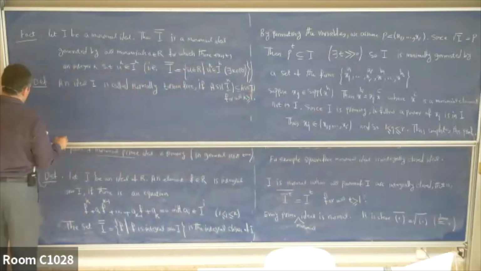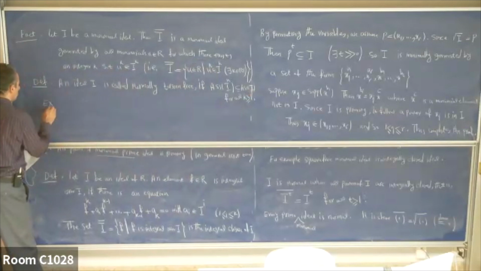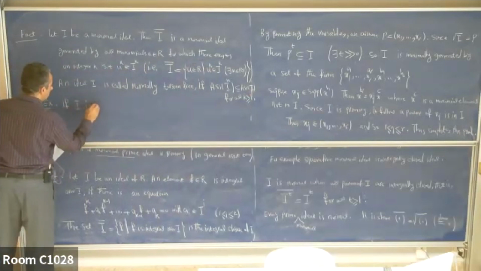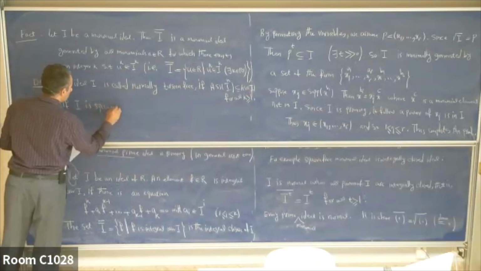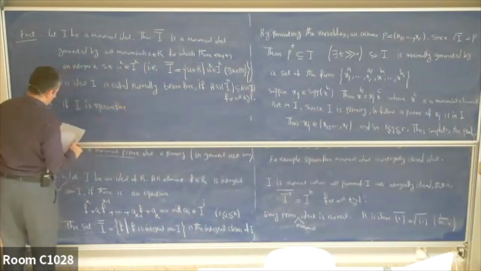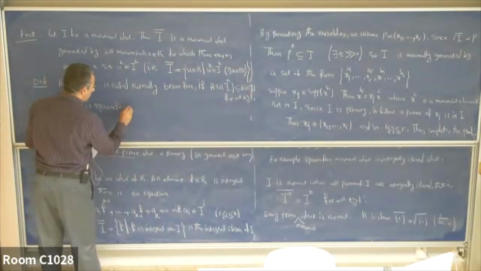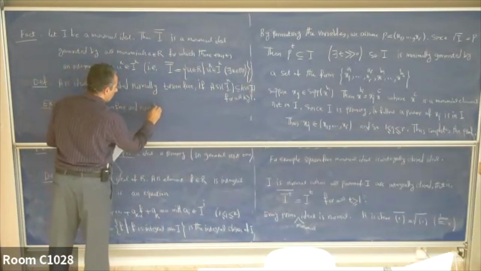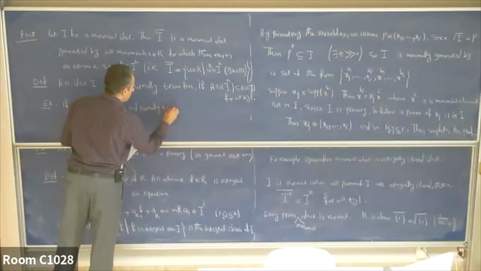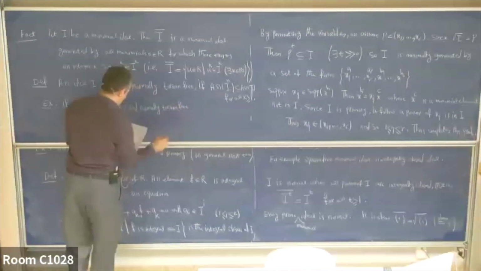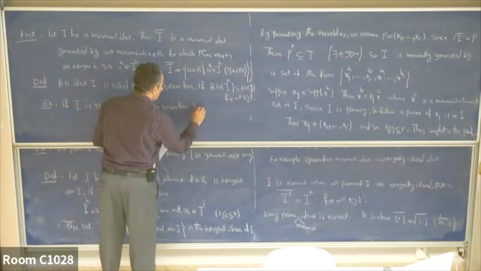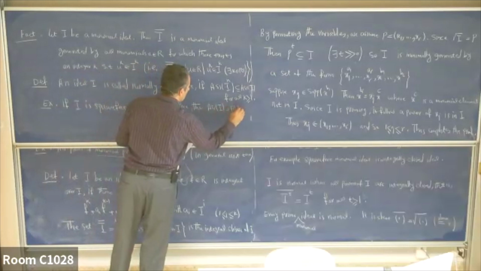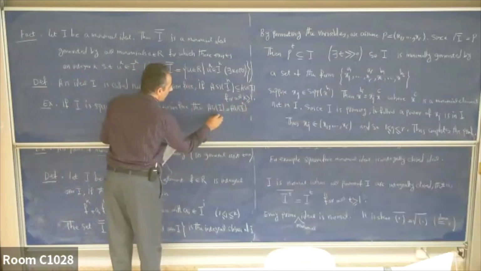So for example, if I is square free and normally torsion free, then Ass(I) is equal to Ass(I^k) for all k.